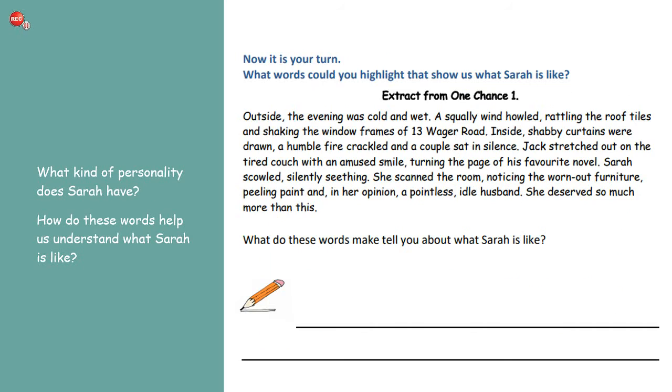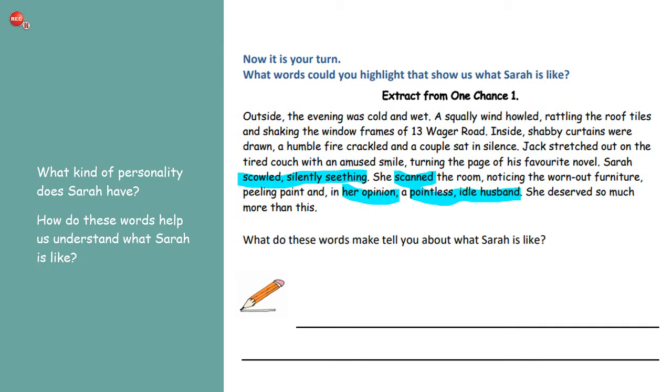However, the author also uses words to help us understand what Sarah is like. So what words would you highlight that show us what Sarah is like? I'm going to give you a little chance to think about that. Okay, now the word I would highlight would be scowled, silently seething, scanned.